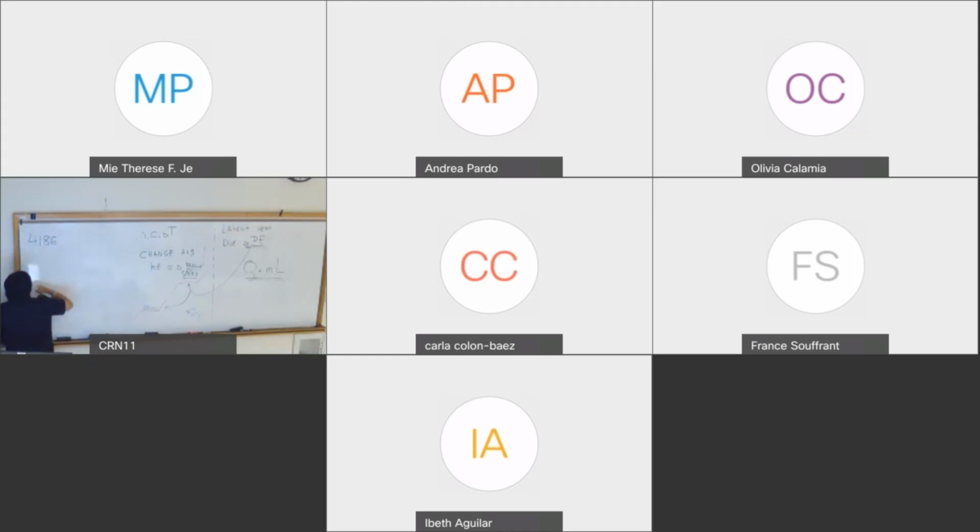4,186 joules per kilogram Celsius for water is equivalent to 1,000 calories per kilogram Celsius.